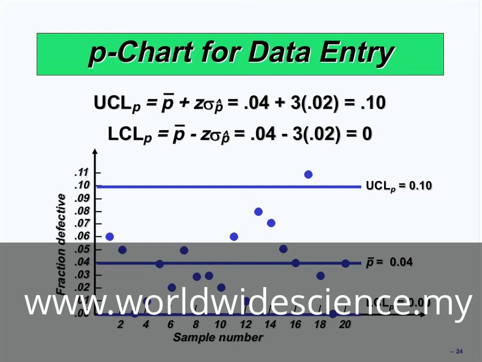Okay, do you understand? Some students believe it's under control. Why? Okay, I told you, even if one point has fallen outside, the process is not under control. Even one.